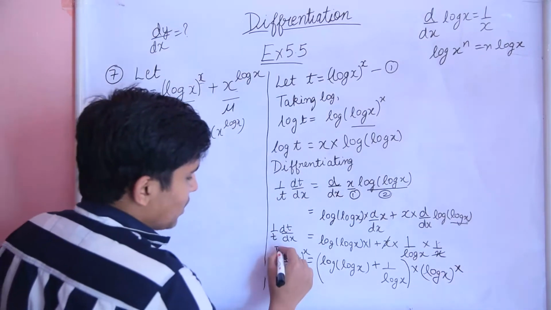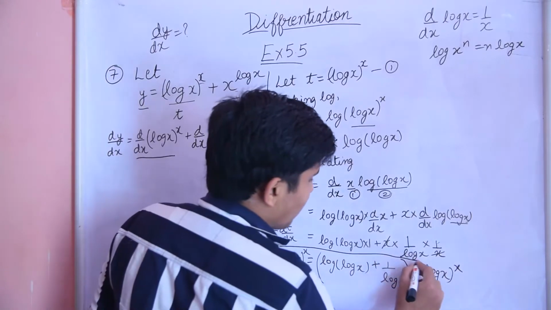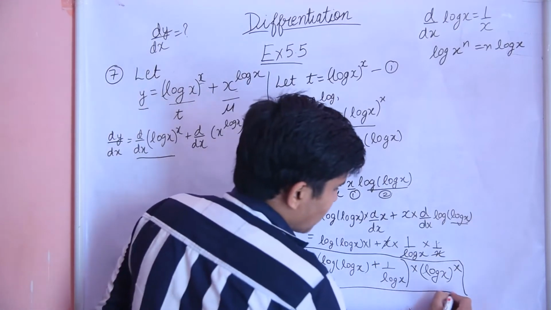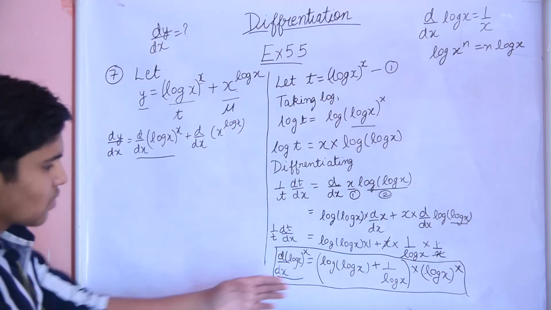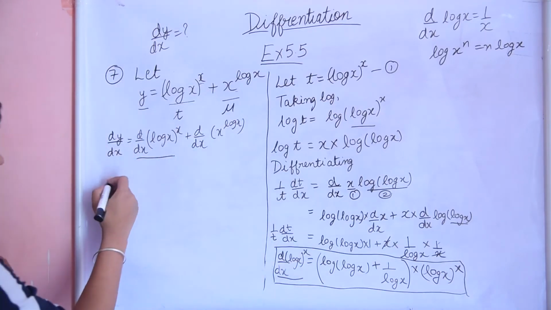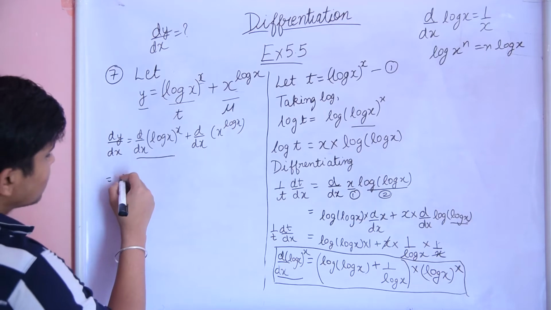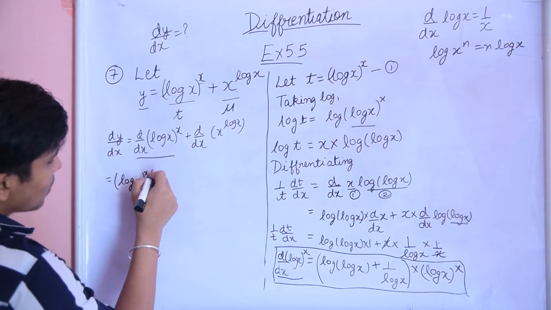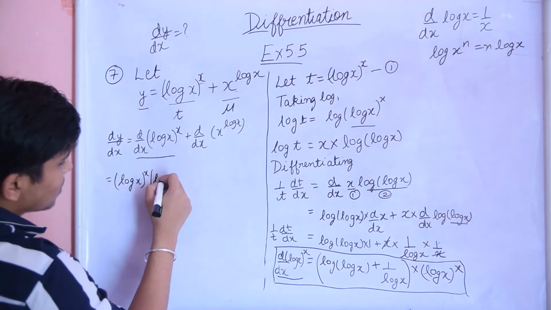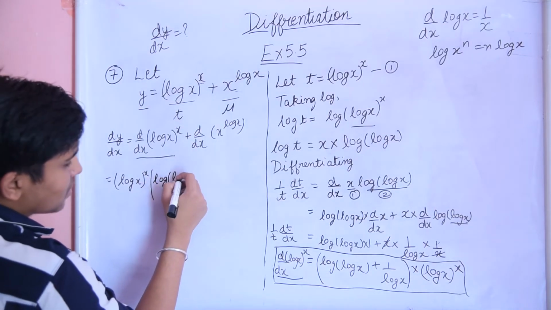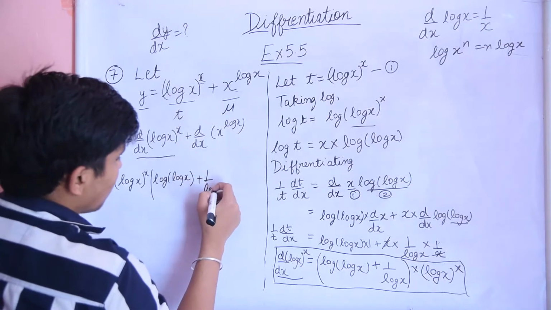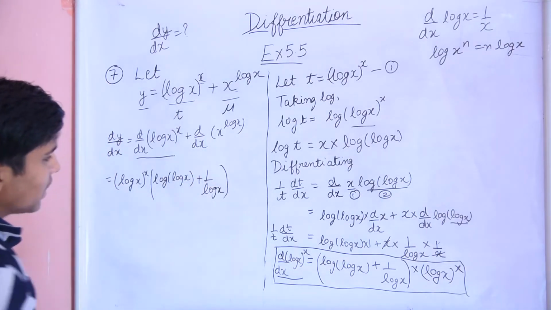So this will be the answer to our differentiation of the first function: (log x)^x times (log log x plus 1 upon log x).